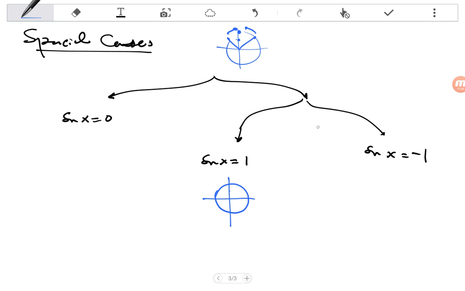So in either of these 2 special cases, we will just have one basic angle, which is this angle. So the solution set will just be sine inverse 1 plus the multiples of 2 pi. And we know that sine inverse 1 is just pi over 2. So it is pi over 2 plus 2 pi n like this.